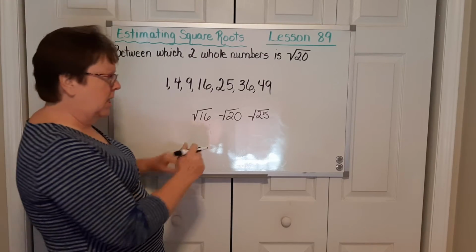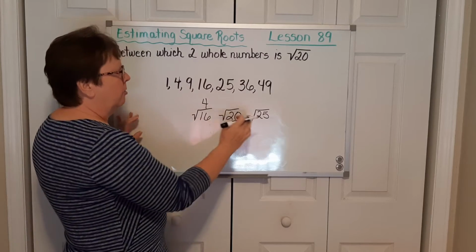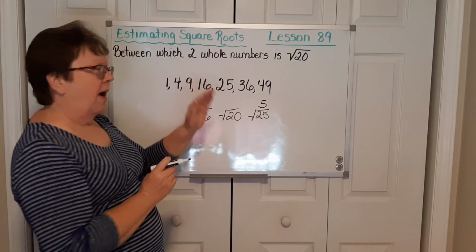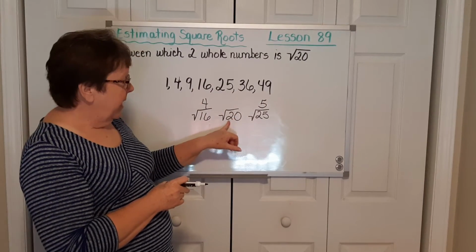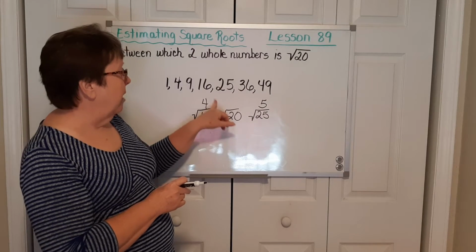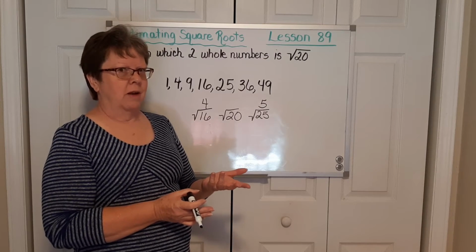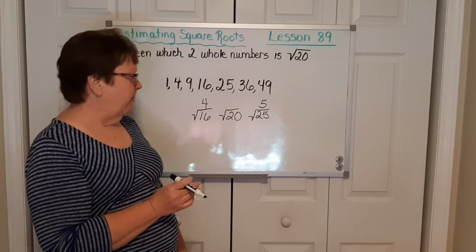The square root of 16 would be 4, because 4 times 4 is 16. The square root of 25 would be 5, because 5 times 5 is 25. So what this tells us is the square root of 20 is going to come somewhere between 4 and 5. So it's not going to be a whole number, is it? Because it's coming somewhere between 4 and 5.